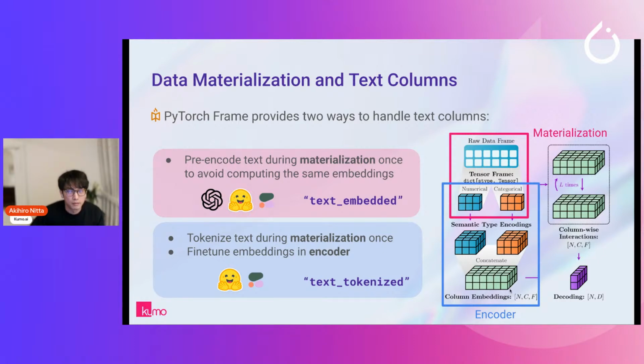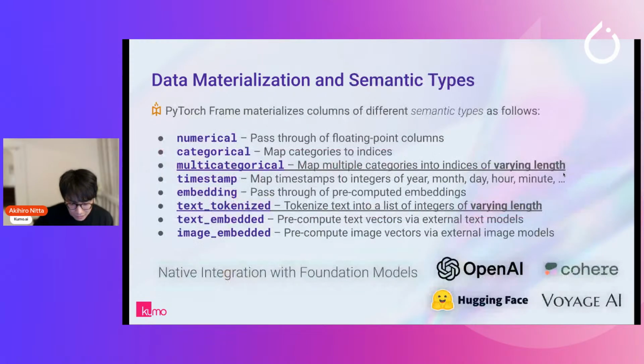So in PyTorch Frame, you can do both: you can use frozen embeddings as well as jointly train embeddings. So that's the difference between these two.